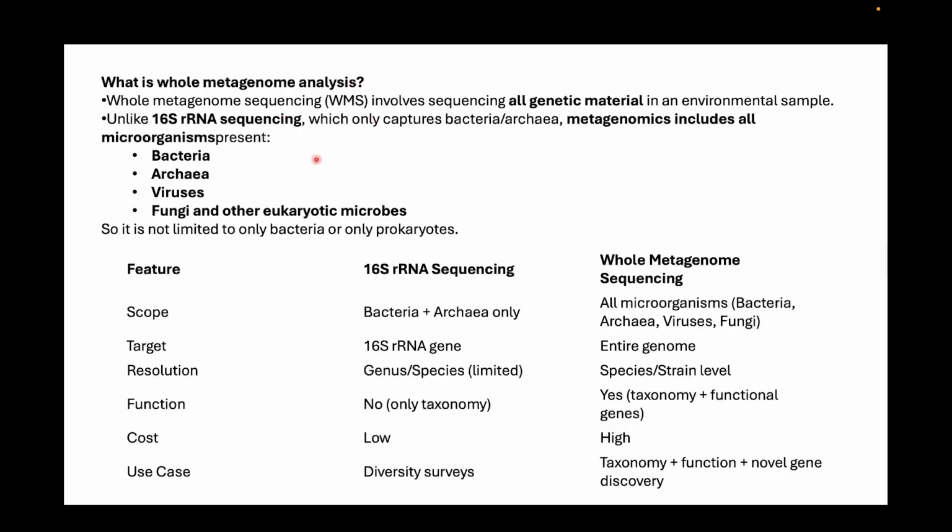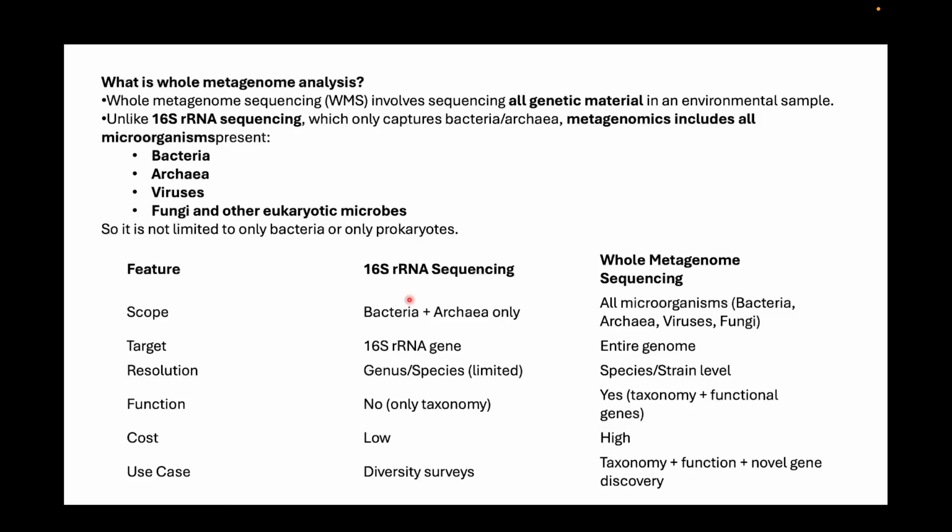Unlike 16S rRNA sequencing, which only captures bacteria and archaea, metagenomics includes all organisms present, effectively bacteria, archaea, viruses, fungi, and other eukaryotes which might also be present. So it is not only limited to prokaryotes but many other organisms as well. So here is a feature-wise comparison between 16S rRNA sequencing and whole metagenomic sequencing.